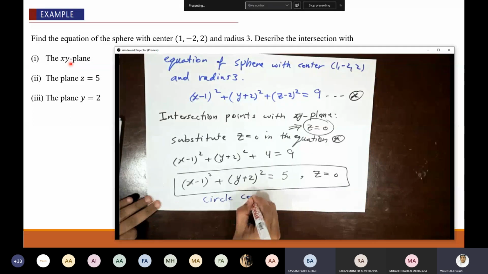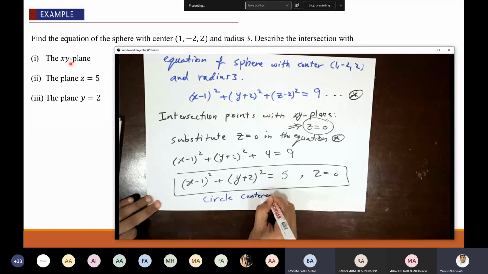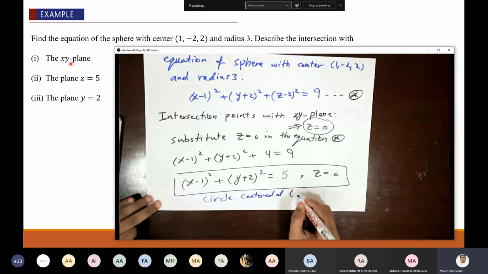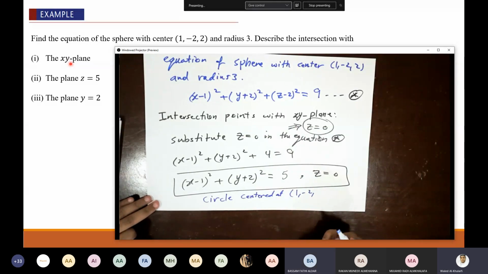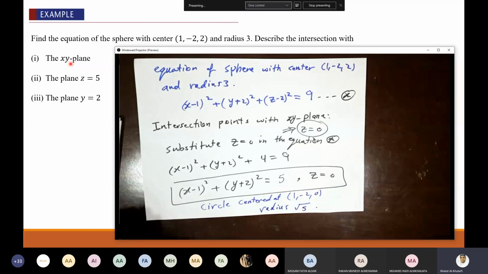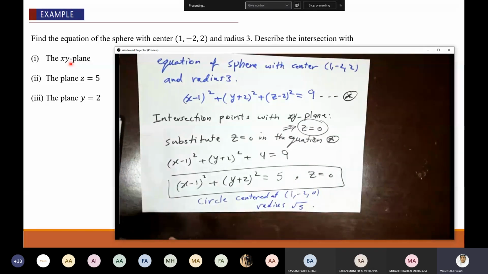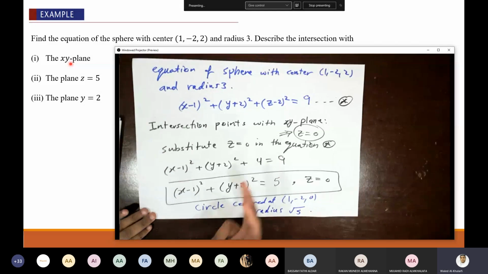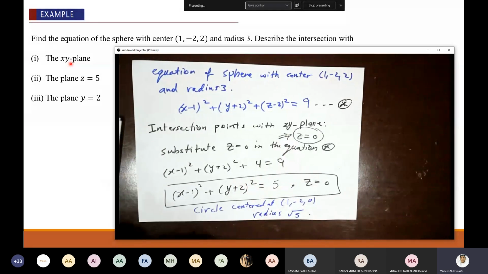Circle, center 1 and minus 2, and remember we are in 3 dimensions, so 0, and radius square root of 5. Very good. So when the sphere intersects with the xy plane, we will get a circle here.